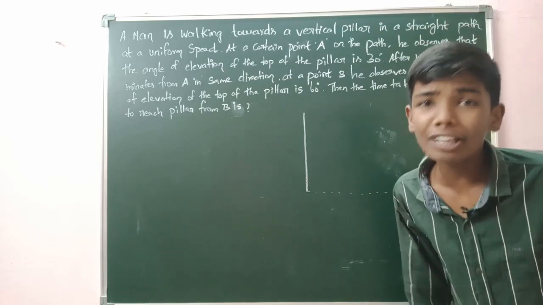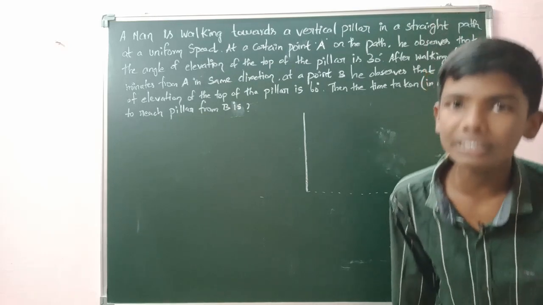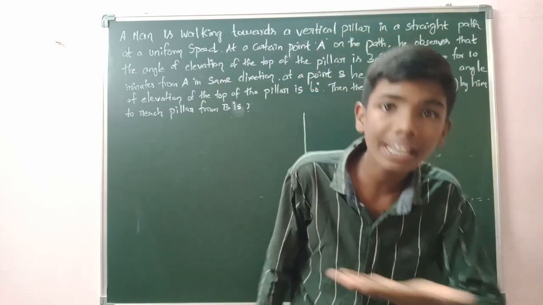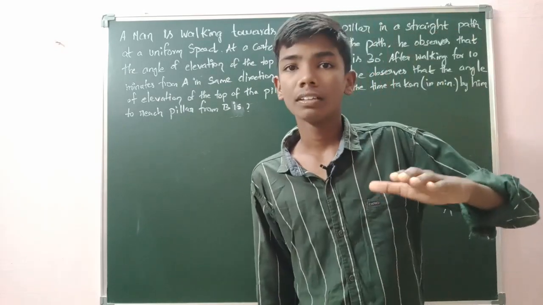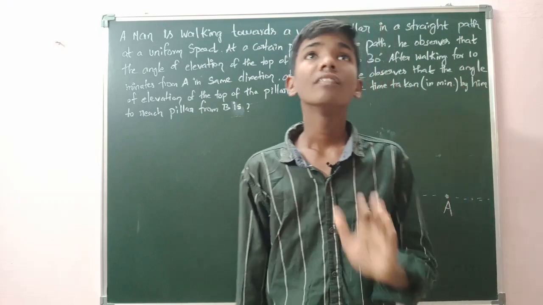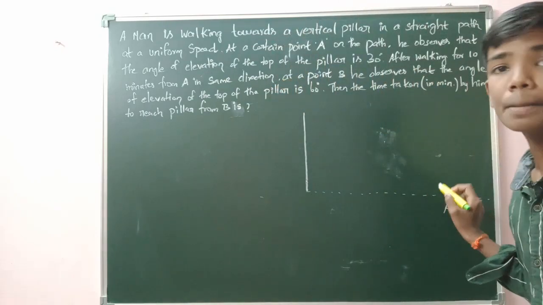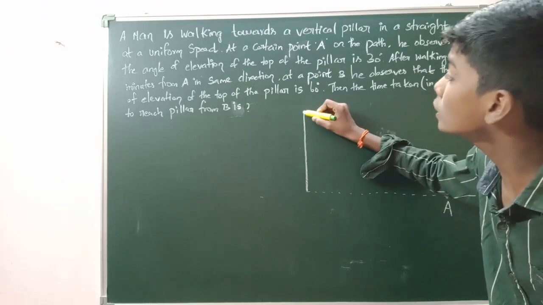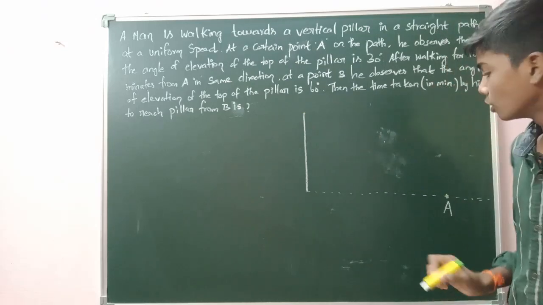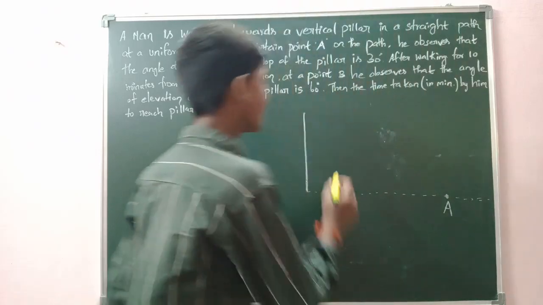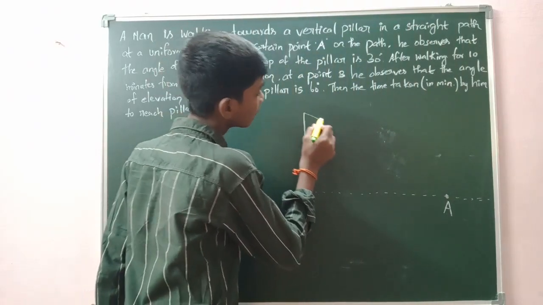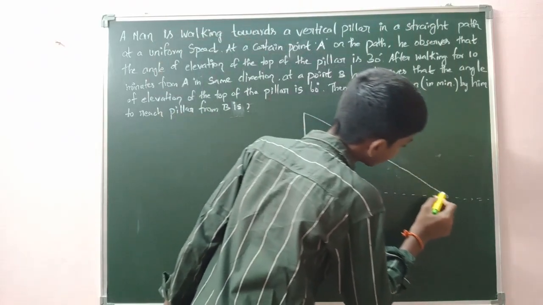What do you mean by angle of elevation? Angle of elevation is nothing but the angle made by the horizontal line with the line of sight when you are viewing upward. Because we know that at this point the man is there and he is viewing the topmost point of the pillar. So the line of sight is this particular line. Correct or not?